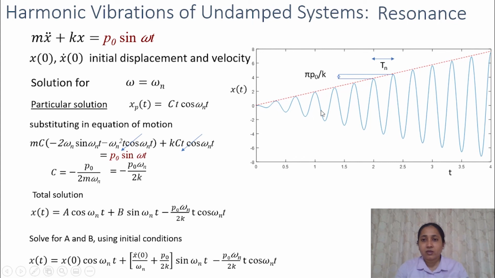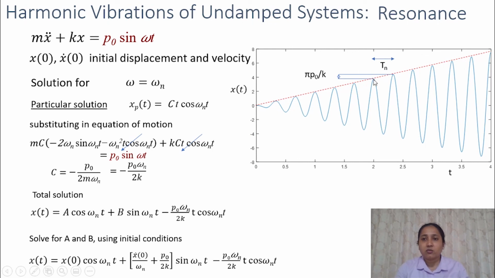So this is the steady state response and as you can see in this term, the amplitude increases with time. At each cycle, the amplitude is increasing. The frequency of this motion is equal to the natural frequency of the system and the time between two peaks will be equal to the natural period.